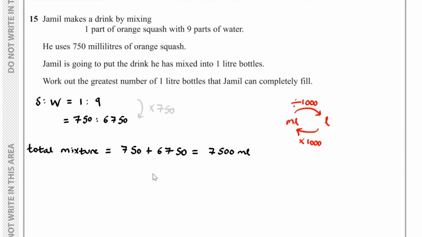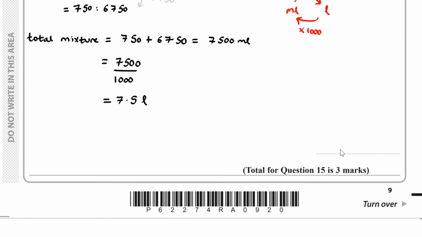So we have to divide this amount by 1000. So 7500 divided by 1000, that's equal to 7.5. So we have 7.5 liters in total, and therefore the greatest number of bottles you can fill is 7.